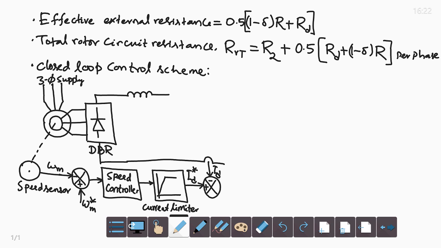So, there is a DC link current sensor, and the current error goes through a current controller, and this goes to the base drive circuit for the transistor or chopper.